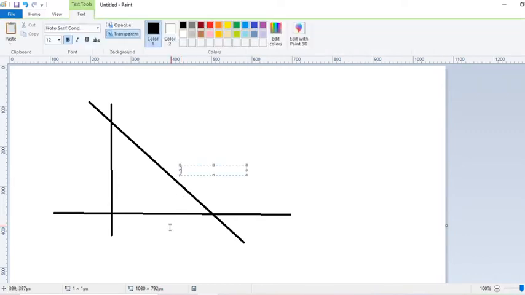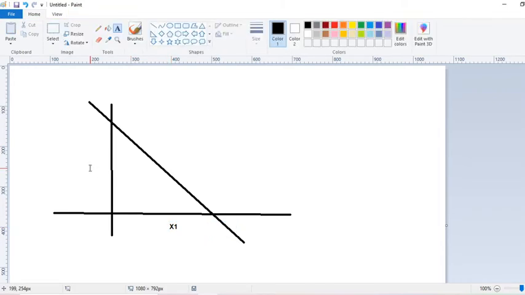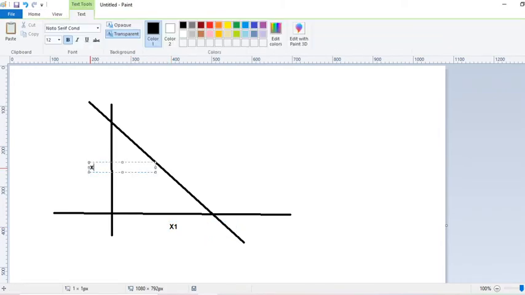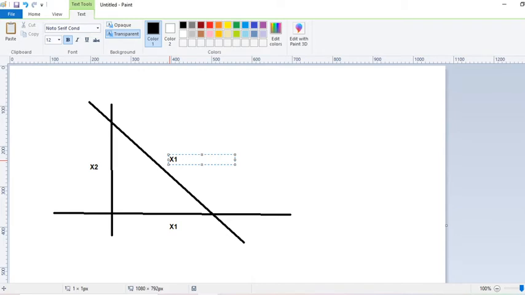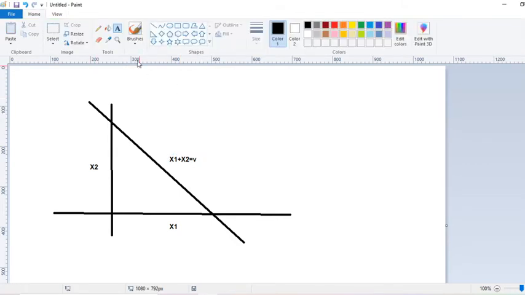This is axis x1, this is axis x2. So what is this line? x1 plus x2 equal to some v, right? So what will be x1 plus x2 less than or equal to v? That will be the region below that. Let us color it. This is the region.